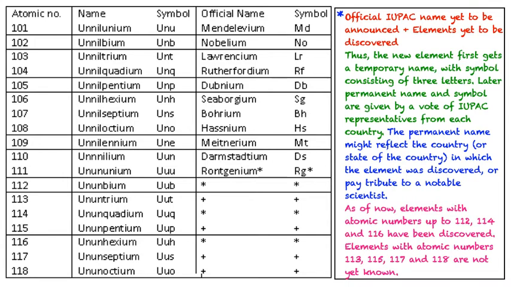The permanent name might reflect the country or state in which the element was discovered, or pay tribute to a notable scientist. As of now, elements with atomic numbers 112, 114, and 116 have been discovered. Elements with atomic numbers 113, 115, 117, and 118 are not yet known.